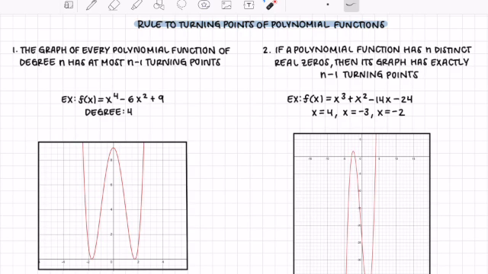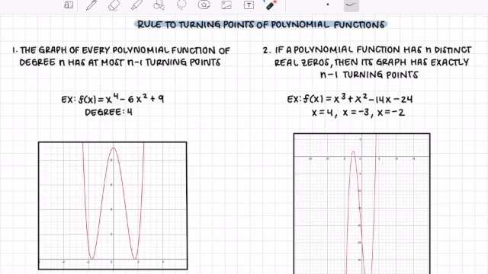We have our degree, which is 4. That means I can have at most 3 turning points, because if our degree is 4, that would be my n, and if we're supposed to have n minus 1, that means we can only have at most 3 turning points. And in this case, we have 1, 2, 3 turning points.